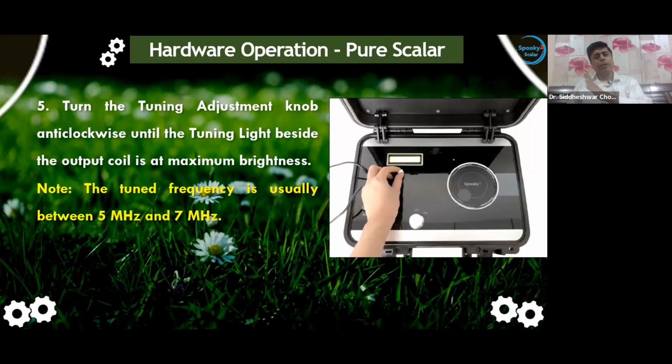But the moment you start turning anti-clockwise from 8 megahertz, the first maximum brightness point, where is the brightness here? In this tuning light here. This is a red color LED. So whenever this is maximum, the first maximum brightness, that is your scalar tuning point.